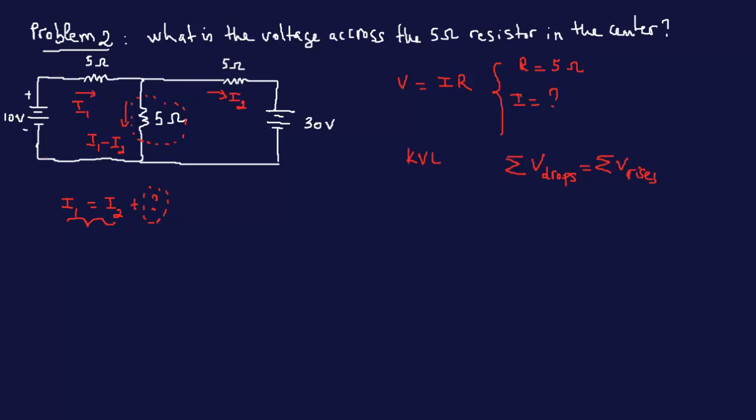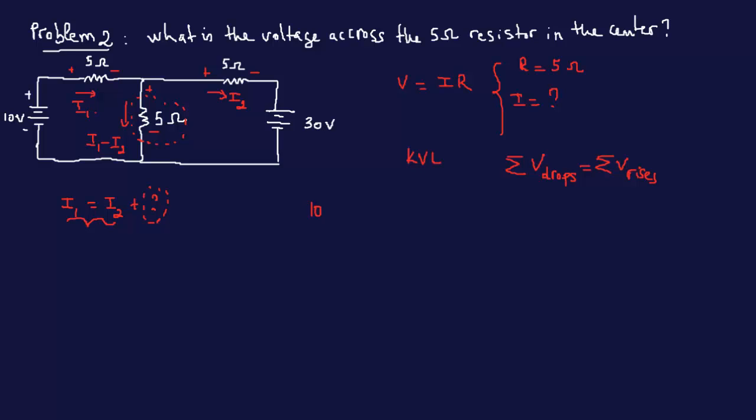From minus to plus is the voltage rise, so we have 10 volt, it's a plus. Going from plus to minus, it's going to be minus 5 I1.